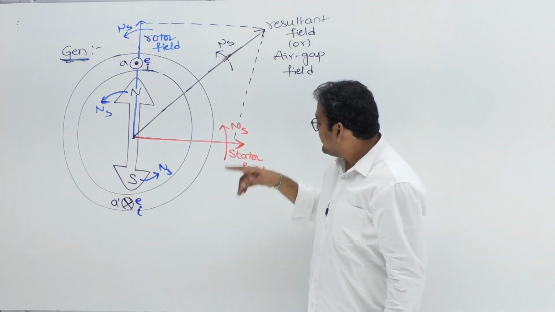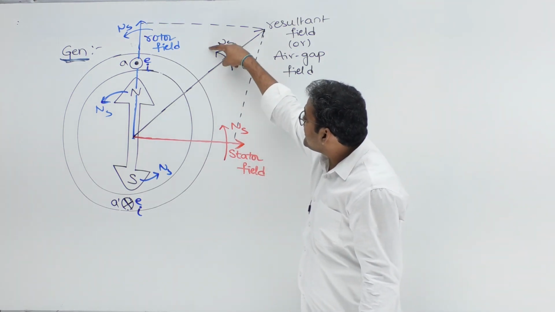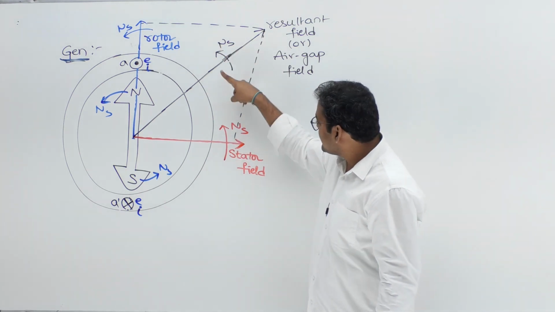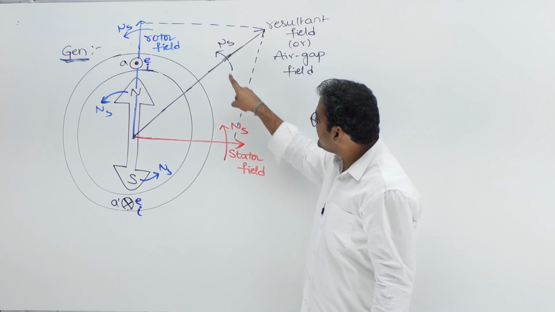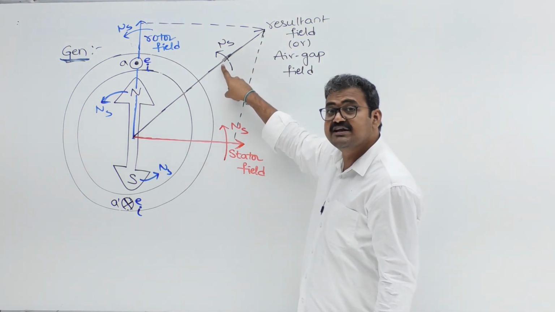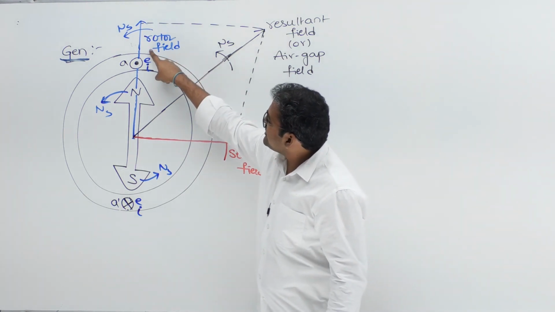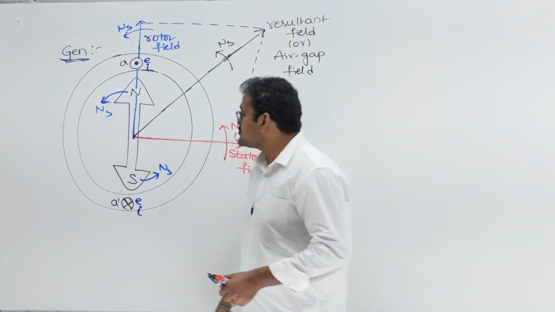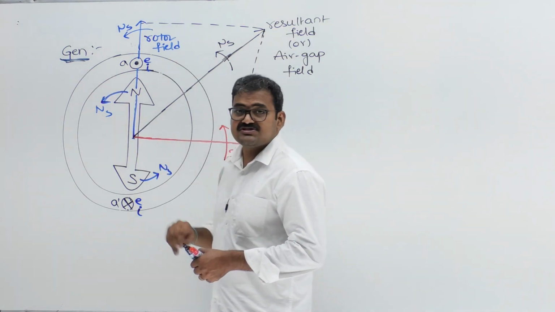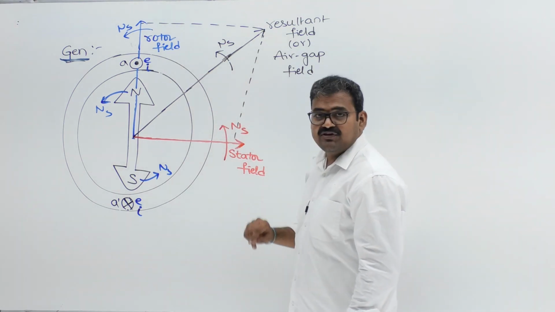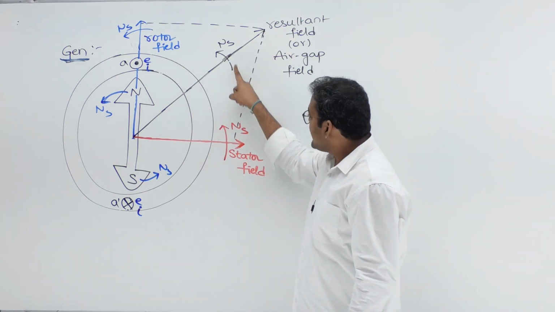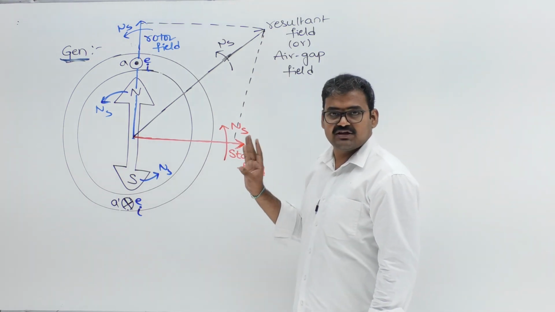If I give another statement, stator field is leading air gap field, that is wrong, because here stator field is following air gap field. That means stator field is lagging, air gap field is leading. Rotor field is further leading. So the final conclusions are, in a synchronous generator, rotor field is leading air gap field, stator field is lagging air gap field. Okay, very clear.